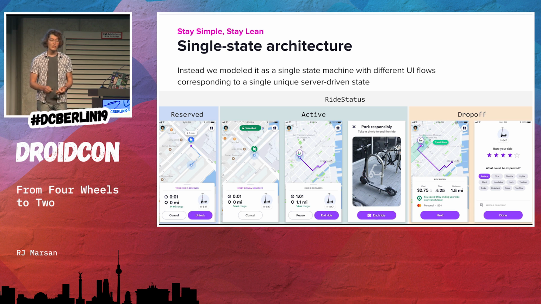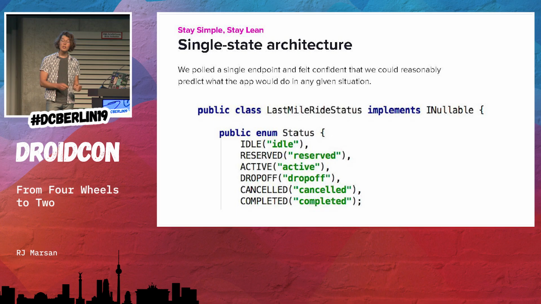So we knew how to differentiate them on the client, but the server didn't need to care. And this is a great example of how we pulled in other stakeholders, because it was only after talking to the designer that we realized unlocked really isn't its own state. It's just active, but you haven't moved yet. And we knew how to detect that. So from there, we just had a really easy enum we were able to pass to the client to flow you through this state. And then we can look at it and understand how this would go.